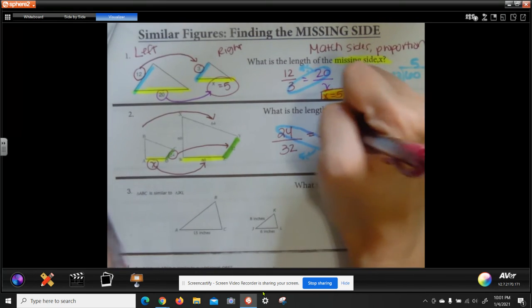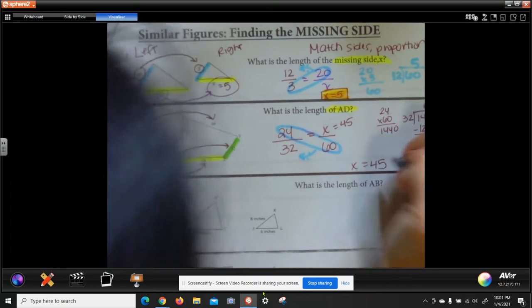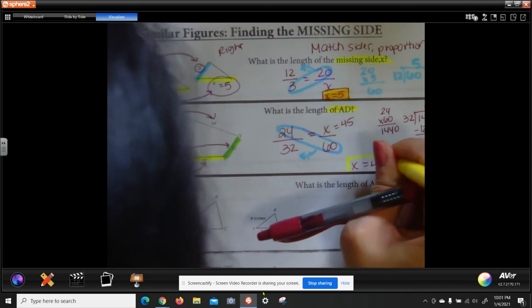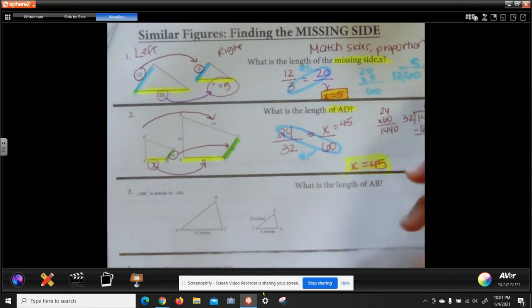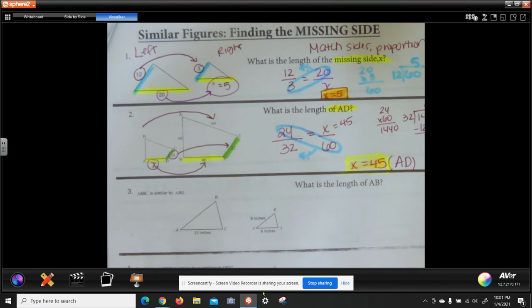So the missing side that we were looking for, X equals 45. And X, remember, is just to label the missing side because we don't know how much it measured. So AD measured 45. That's what they were looking for.